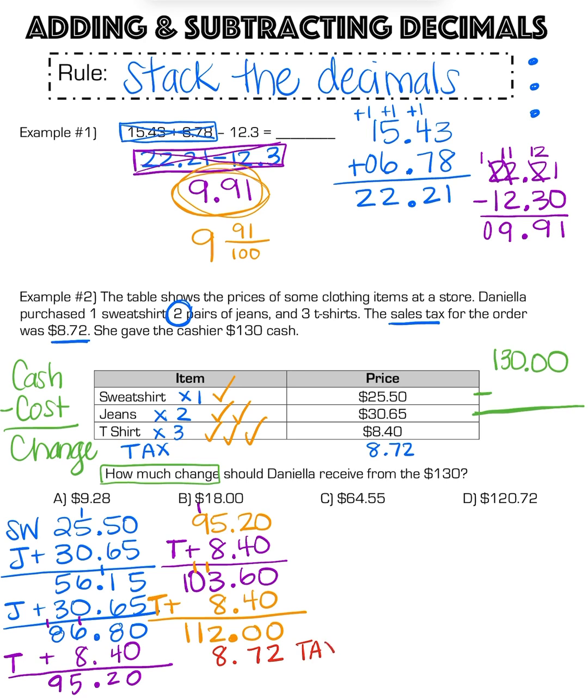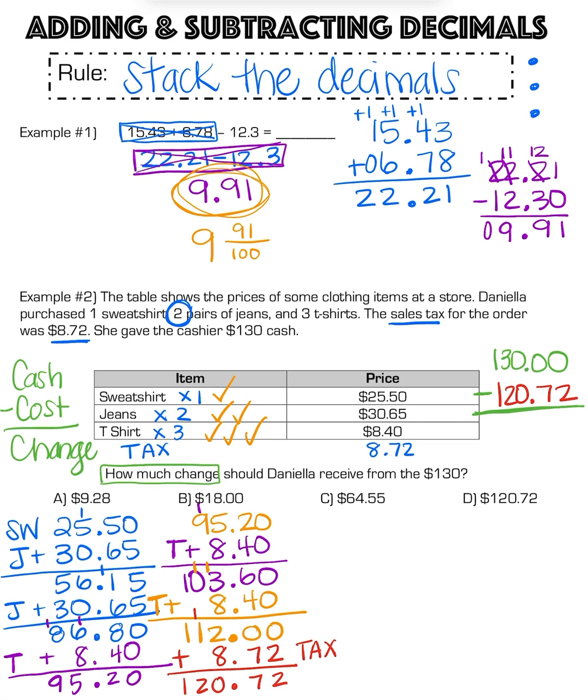Label it as taxes. 0 plus 2 is 2, 0 plus 7 is 7, big bold decimal. 8 plus 2 is 10. 1 plus 1 is 2. Bring down the 1. So what was my cost? My cost was $120.72.